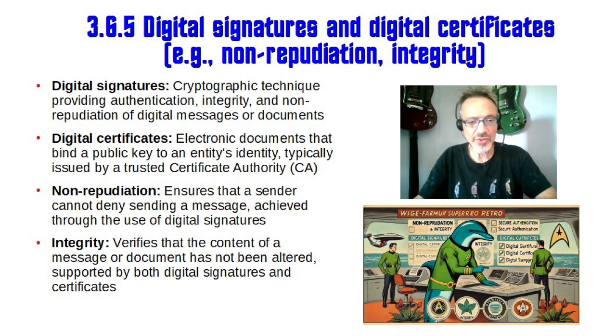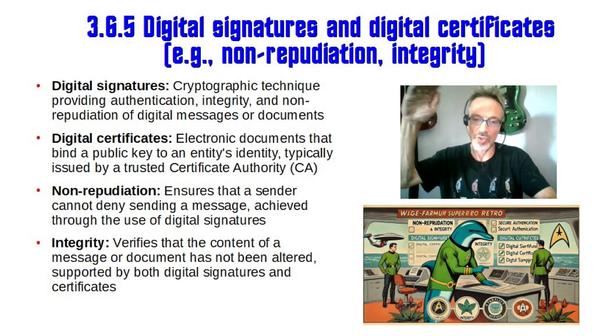Digital signatures are cryptographic techniques that provide authentication, integrity, and non-repudiation of a digital message. For the exam, understand that digital signatures use asymmetric encryption methods and hashing techniques. Digital certificates are electronic documents that bind the public key to the private key of the owner. They are typically issued and trusted by an intermediate CA below a root CA.